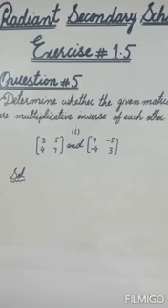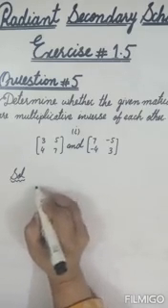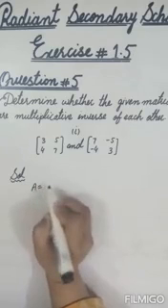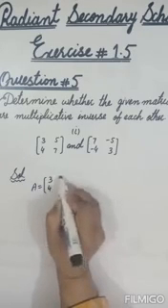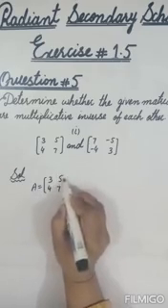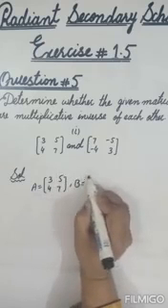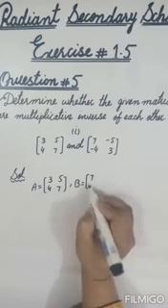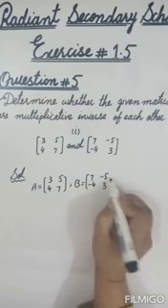So in the solution, first of all we have to give the name of these two matrices. Let A is equal to [3 4; 5 7], comma B is equal to [7 -4; -5 3].